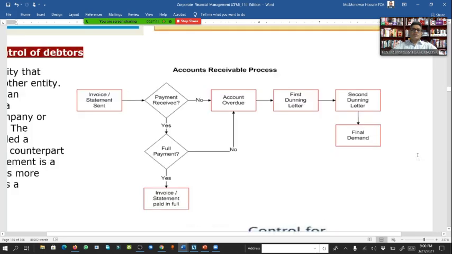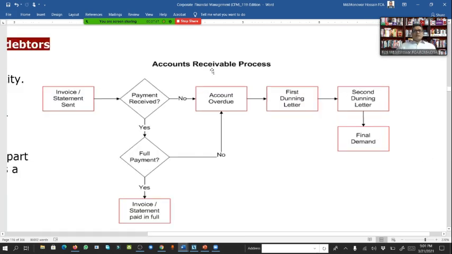Now the accounts receivable process. An invoice or statement is sent, and then the payment is received. If yes, then full payment, meaning fully paid. If no, then the account is overdue.